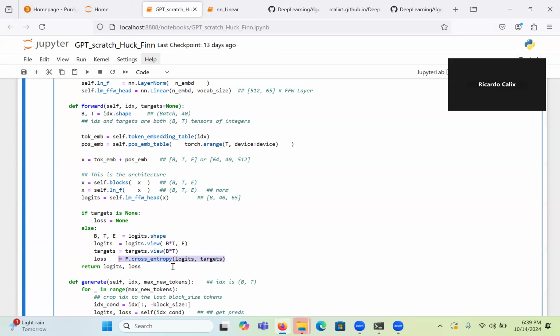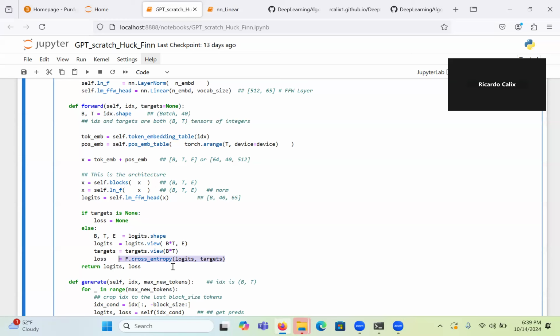Yeah, go ahead, Bruce. Targets are typically one-hot encoded, right? So the way that it works is that the cross entropy, the predictions are definitely going to be one-hot encoded because it's the shape, but actually the real labels can be not one-hot encoded. The cross entropy function in PyTorch is designed that way to make your life easier.